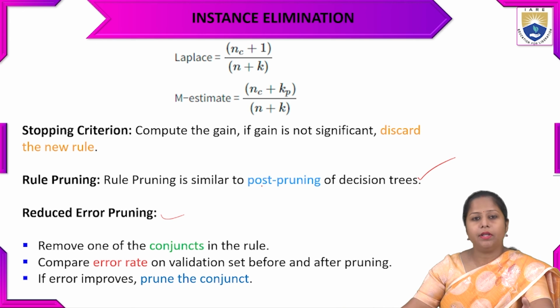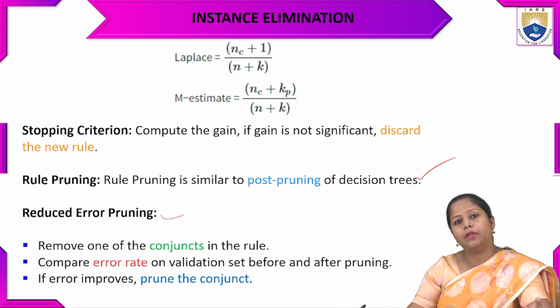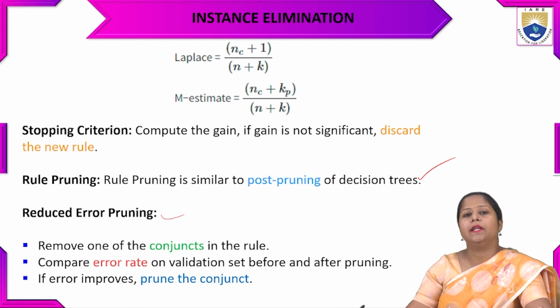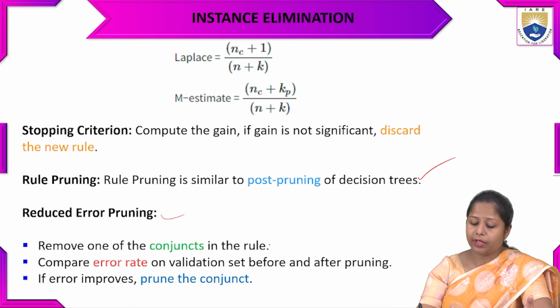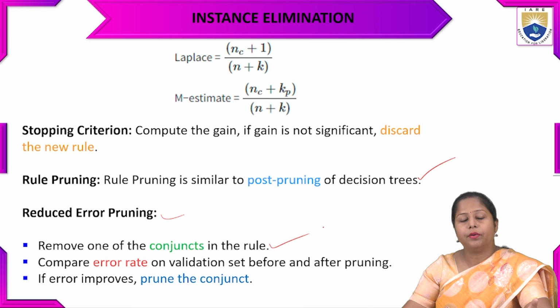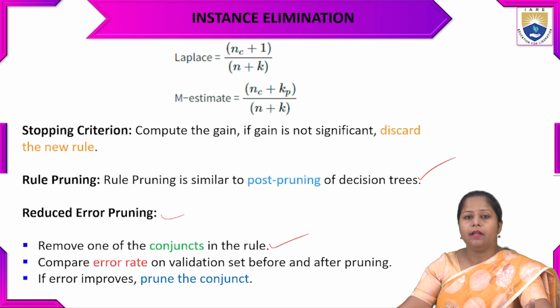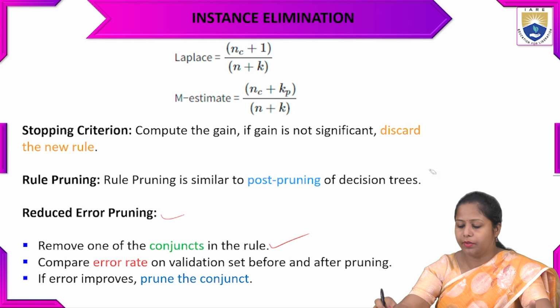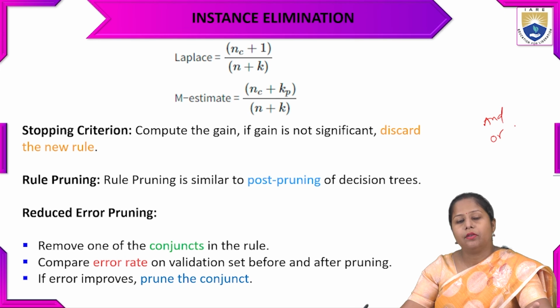Reduced error pruning is how we remove errors. We try to remove one of the conjuncts in the rule, those added with the and/or measures, from that particular rule.